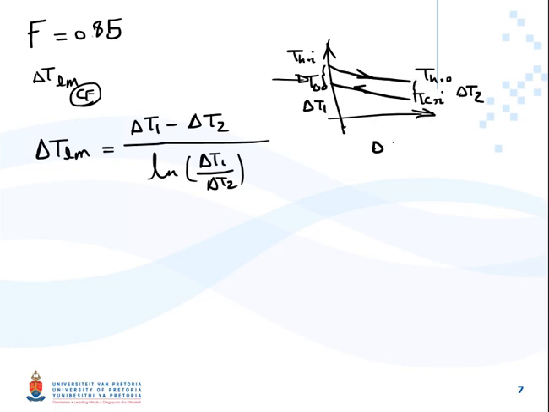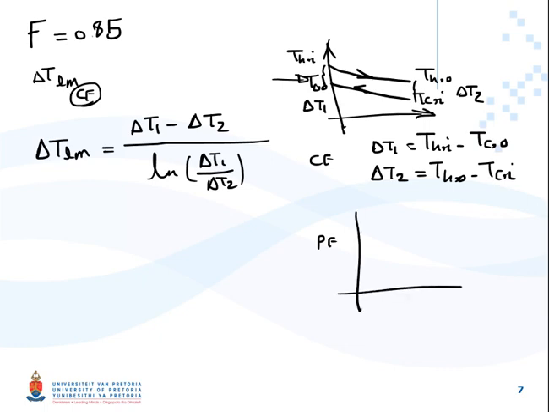So delta T1 is equal to the inlet temperature of hot fluid minus the outlet temperature of cold fluid, while delta T2 is equal to the outlet temperature of hot fluid minus the inlet temperature of cold fluid. That is for counterflow. But for parallel flow, we do exactly the same thing, very simple.